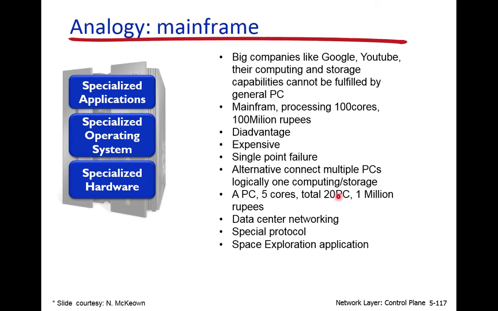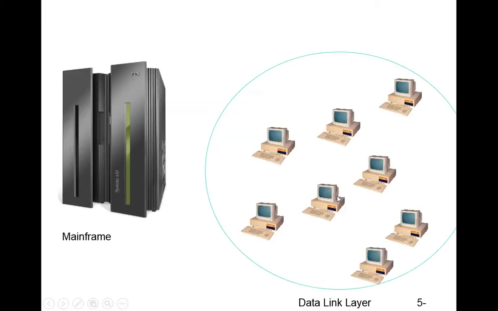These PCs are connected with each other and appear as a single machine, so they have more processing power than the single mainframe, their combined storage capability is more than the mainframe computer, and the cost is also less.